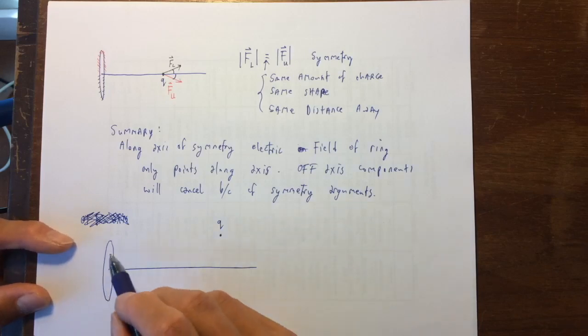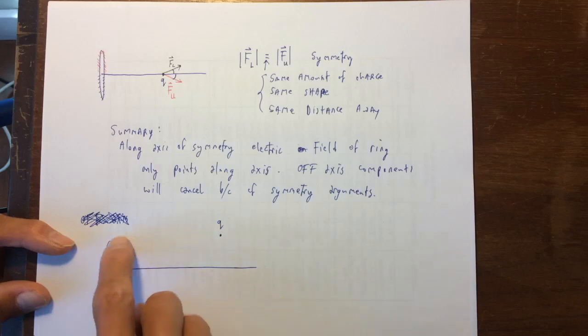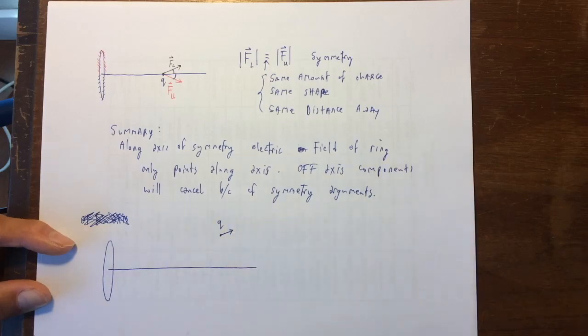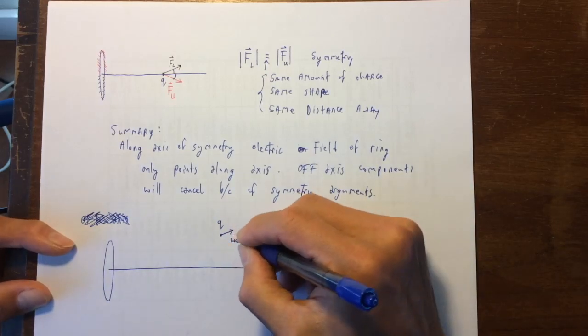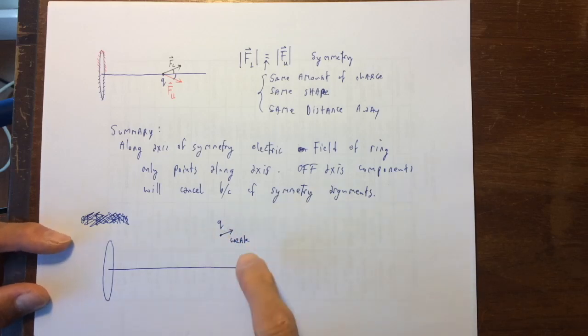The idea is we're kind of far from the upper edge and a little bit more far from the lower edge, but the charge is all sort of localized over here, and we're kind of far away. So I expect the electric field to be something like maybe this. So this is weak. It's kind of like a weak force on the test charge because the test charge is far away from the charged ring.